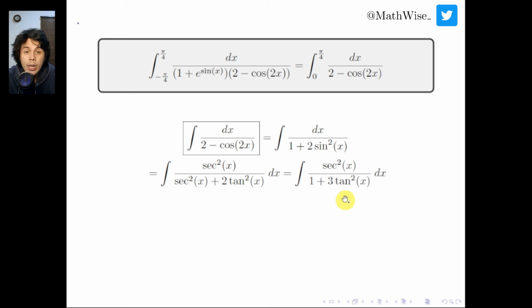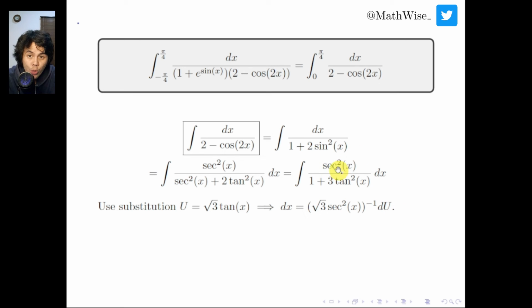And now we can use another substitution. Let u be square root of 3 tangent of x. So dx will be 1 over square root of 3 times secant squared x du. So we can cancel the secant squared in the numerator, so it is just 1.